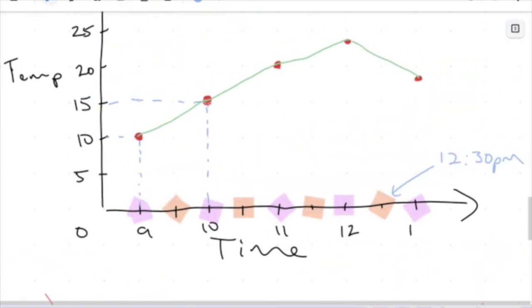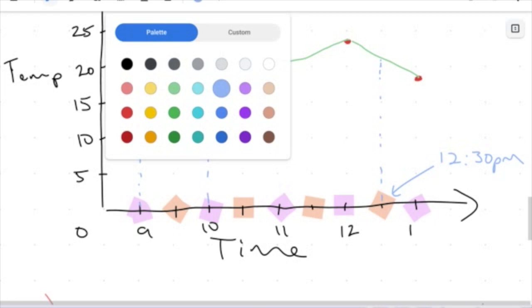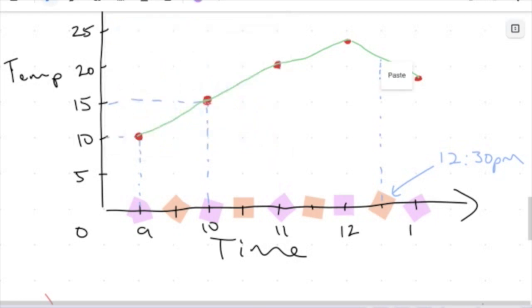And I want to see roughly where is my graph. So if I trace this up, I get my data point here. Let's make this one purple to make it different to the others. Why is that not working? There we go.